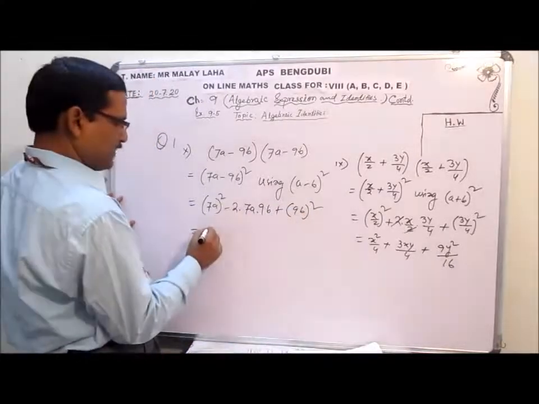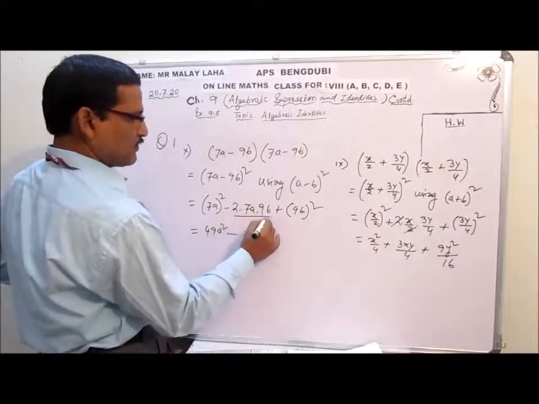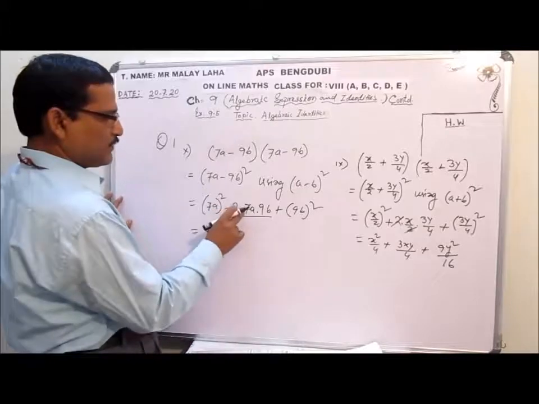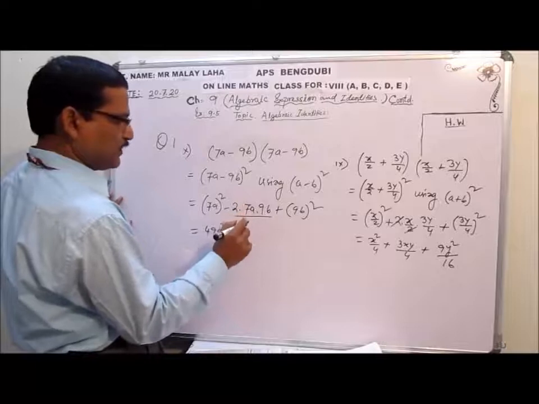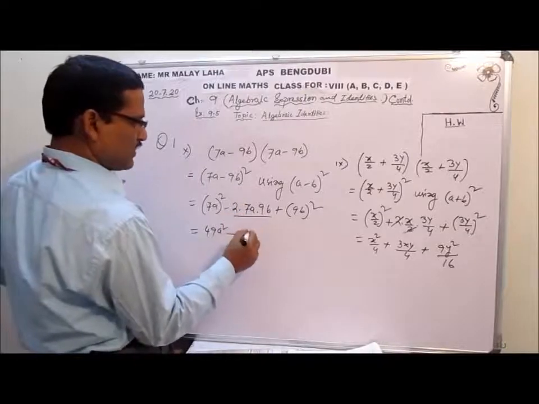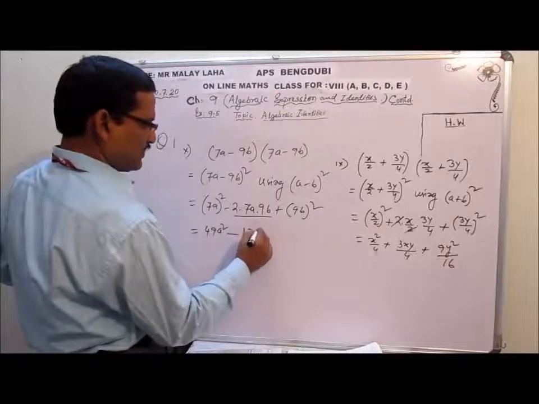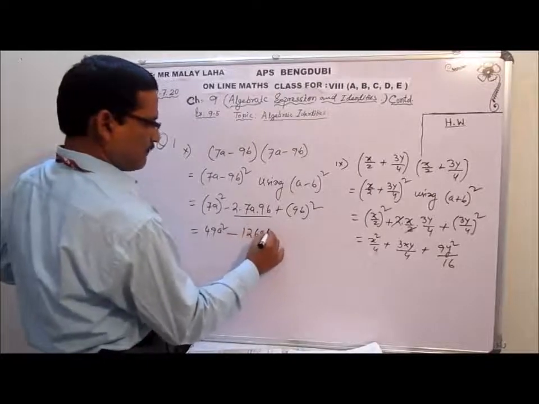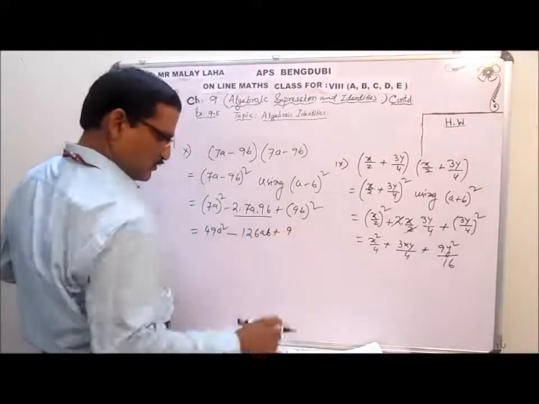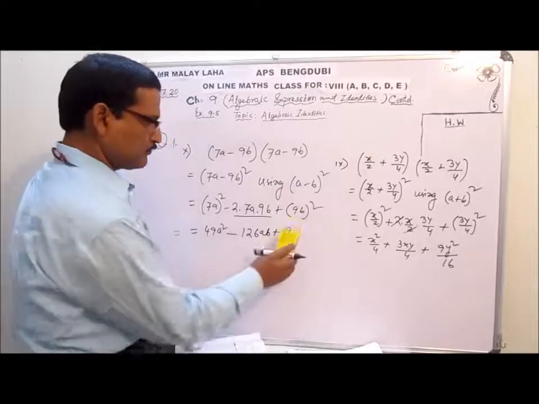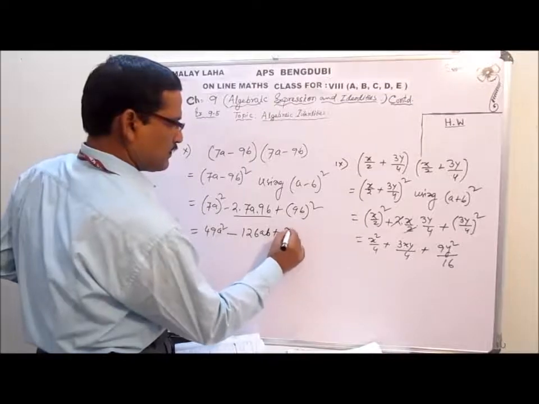So after multiplying, we get 49a square minus, what is the product of these three terms? 2 times 7 is 14, 14 times 9 is 126, so minus 126ab, plus b square means 9 square, 81, b square.